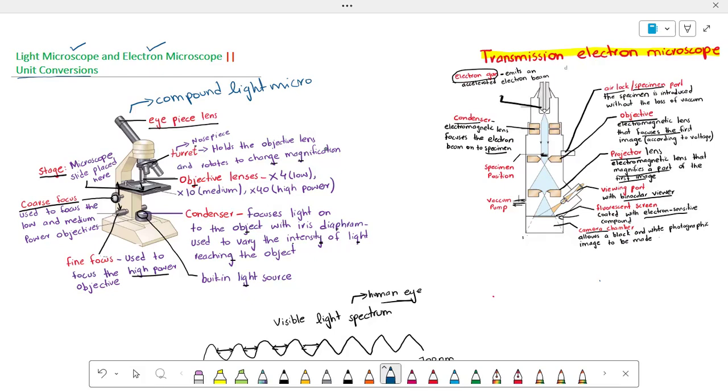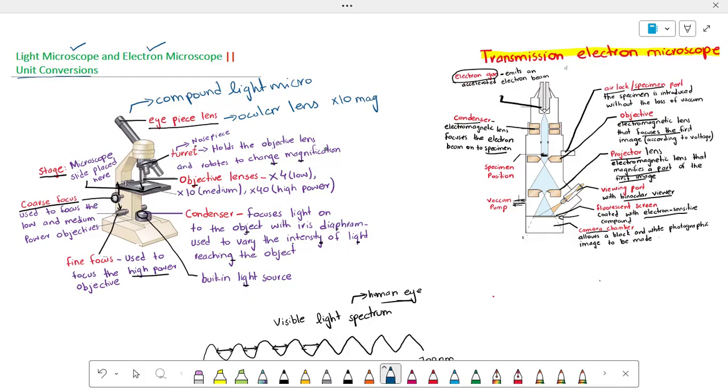The first part, at the top of the light microscope, is the eyepiece lens, which is also called the ocular lens. This is the lens that we look through to observe the specimen or object. It usually provides 10x magnification, so the image that we see through the microscope is further magnified by this lens.